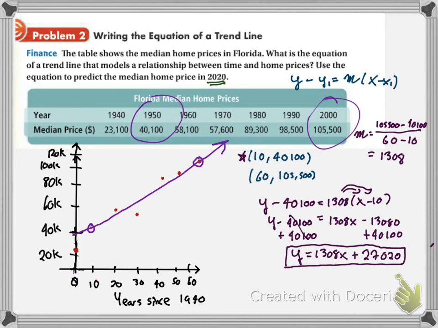I can see that 2020 is 80 years past 1940, so I'm going to plug 80 in for x, add that all together, and I'm going to get my home price prediction to be $131,660. So that is how you would do this by hand.